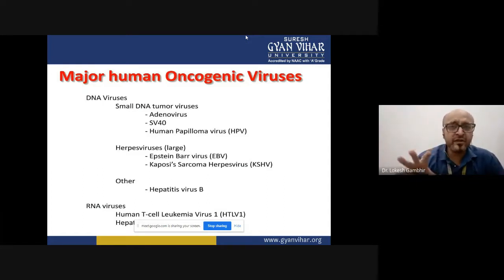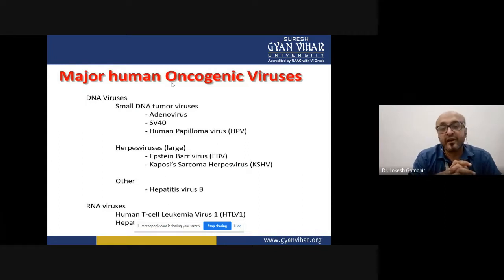Among those, when we are talking about the DNA viruses known to cause tumors, the small DNA tumor viruses include, for example, the papilloma virus, a very potent virus which has been shown in oropharyngeal cancer. We will take human papilloma virus (HPV) as an example and study how this virus induces cancer.